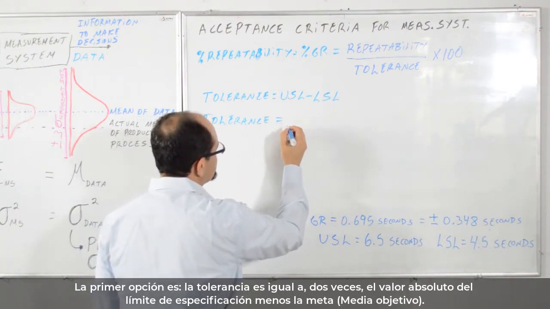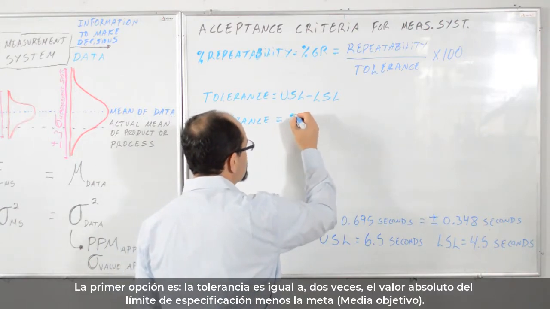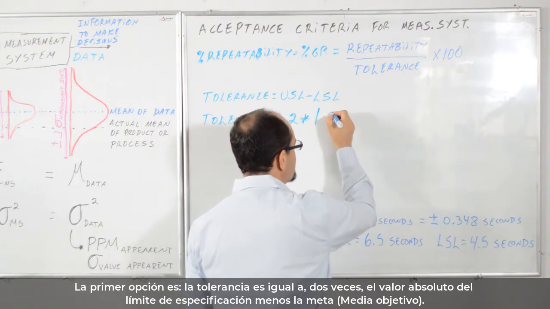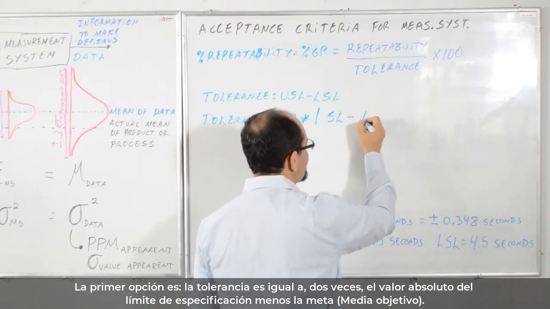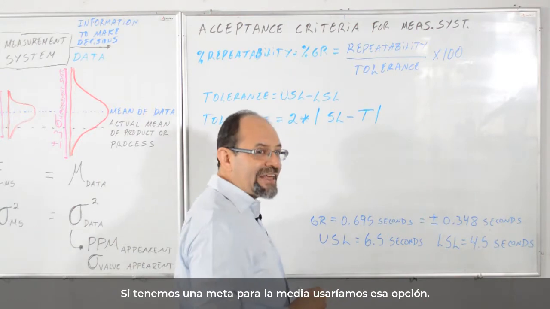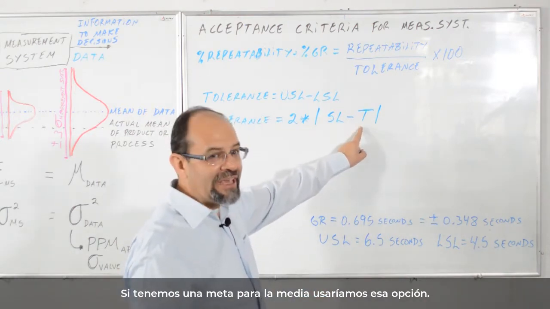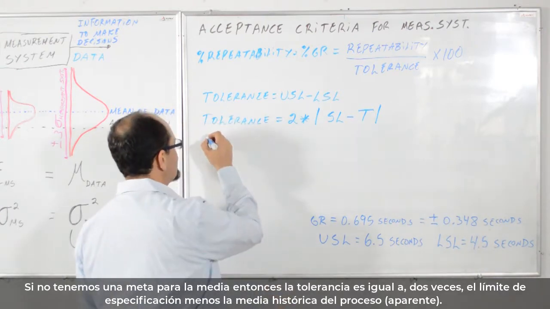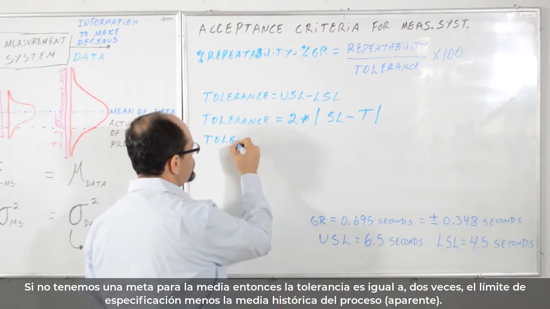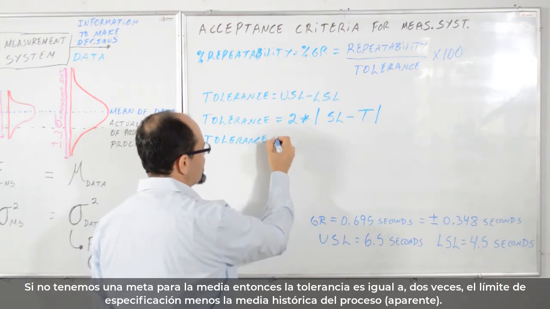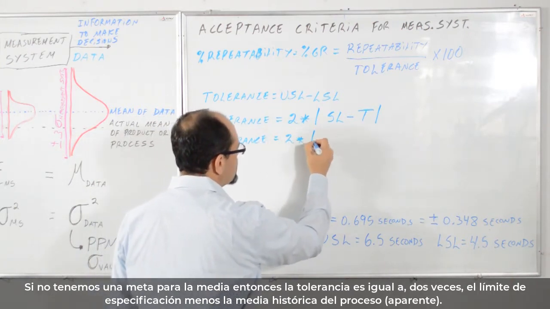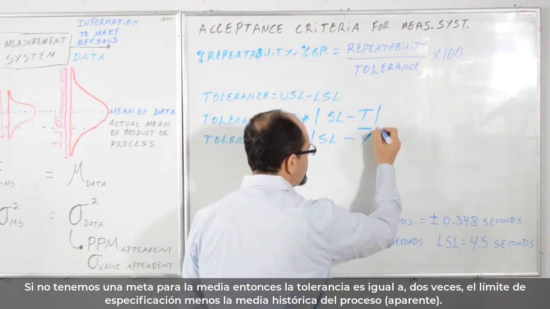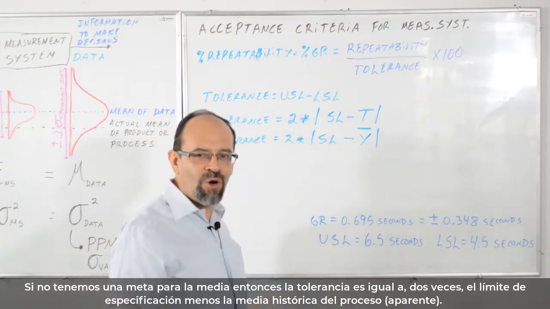The first option is 2 times the absolute value of the specification limit minus the target, if you are having a target for the mean. If you don't have a target for the mean, then the tolerance is equal to 2 times the specification limit minus the historical mean of the process.